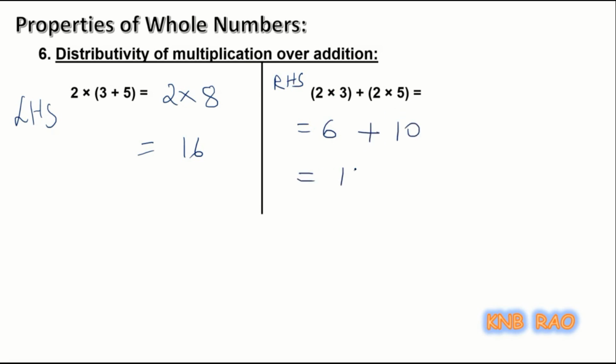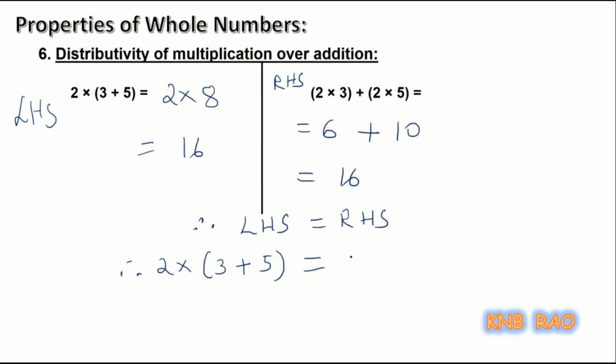It implies 16. Therefore, we can say the left hand side of equality is equal to the right hand side of equality for these numbers 2, 3, 5, and therefore we can say the distributive property of multiplication over addition for 2, 3, 5 is 2 into (3 plus 5) is equal to 2 into 3 plus 2 into 5. So we have seen one more example.